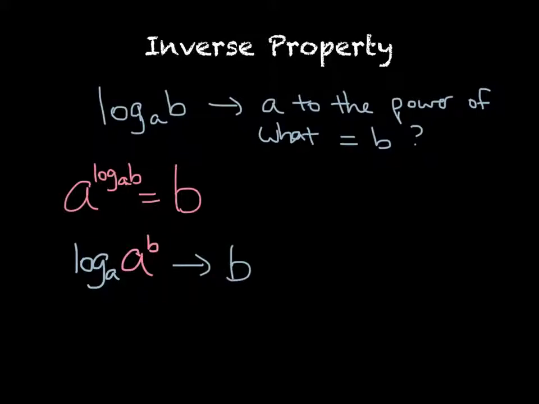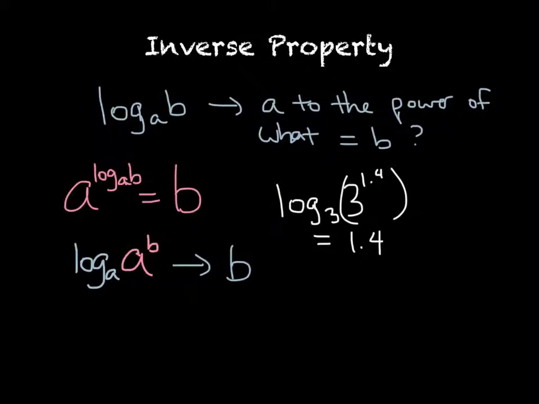We can look at this with an example. So if I have log base 3 of 3 to the power of 1.4, that means what I'm saying is 3 to the power of what equals 3 to the power of 1.4. So we see that our answer would be just 1.4, which is our exponent.